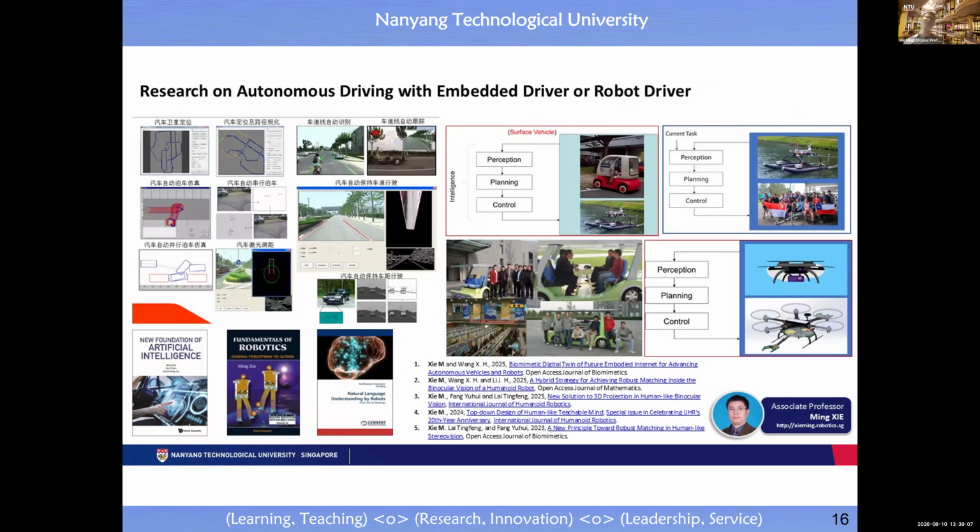Another interesting platform is the autonomous vehicle, which includes the autonomous surface vehicle. NTU has a robotics team now which participates in international competition. This year, the competition will be held in Singapore in November. You have a land vehicle and a surface vehicle, etc. So this is a good platform for us to apply AI.